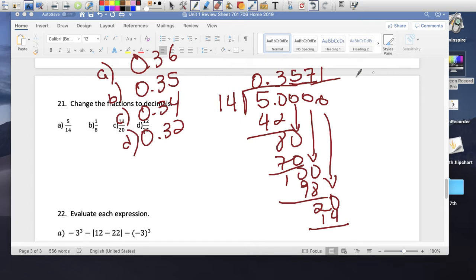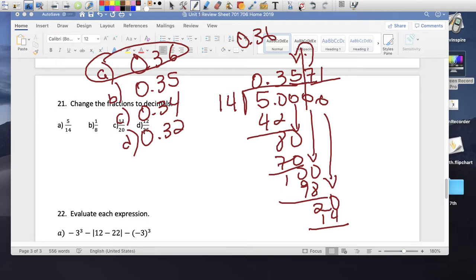You don't really have to go too much further, unless it was a repeating decimal or one of them had a little bar, but in this case it's not. So if this was my multiple choice, I would have stopped. And I obviously know that 0.357 rounds up, because they're all rounded to the nearest hundredth, so I cut it off right here. And the 7 definitely powers that up to 0.36. So my multiple choice answer would have been 0.36. That's what I would have done on the test. So definitely look at your multiple choice.